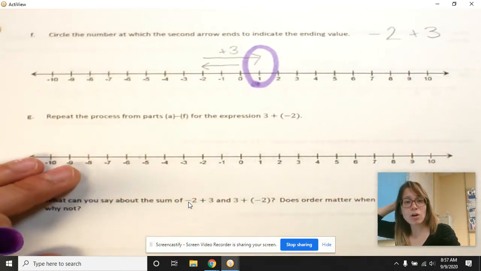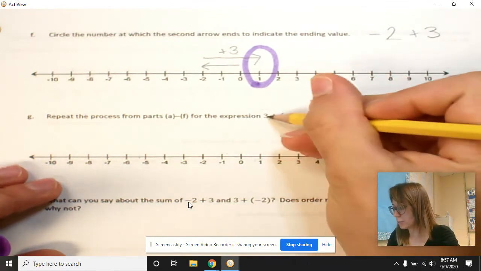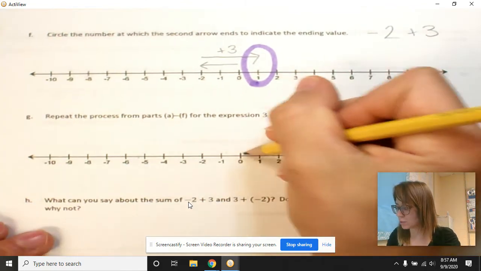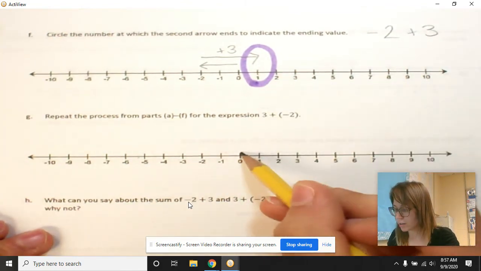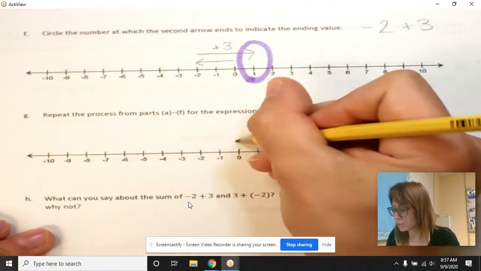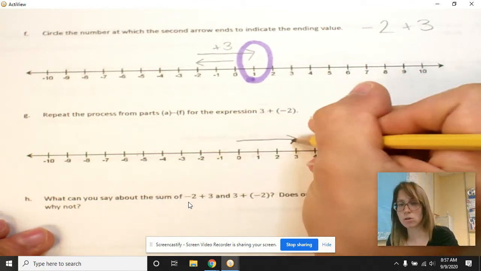Let's repeat the process that we just did to do the expression 3 plus -2. I know I should always start at 0, so I'm going to start my first arrow there. This time, I'm going to move 3 spaces to the right, and I'm going to place my vector there. Remember that arrow is called a vector.